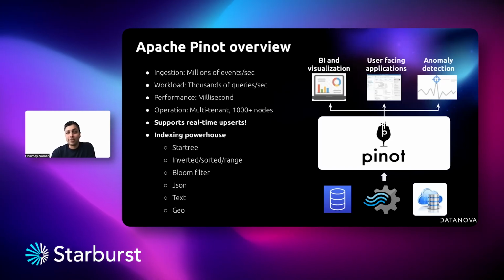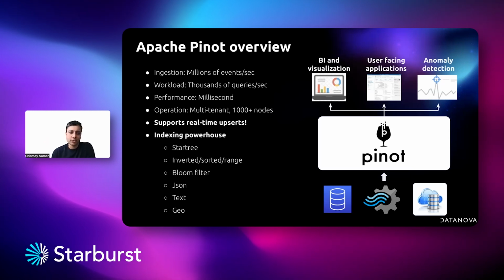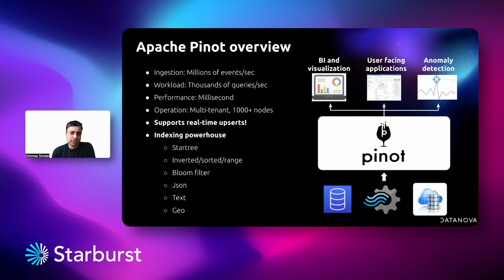And by real time, more specifically user-facing analytical applications, which is its strength. Some of the largest Pinot clusters are able to ingest upwards of millions of events per second, and can easily handle hundreds of thousands of queries per second in the same cluster, while providing millisecond level query latency for such analytical queries.